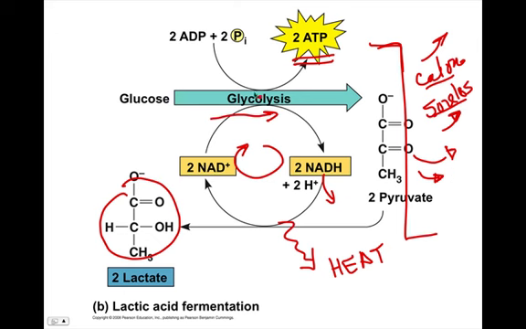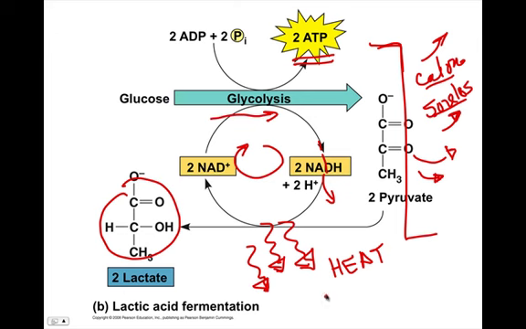Oxidative phosphorylation creates a very efficient cellular engine, and we can capture that energy without losing much heat. When you start exercising, you start sweating, you're producing a lot of heat. One of the reasons is that oxygen in your muscles becomes low and you start doing fermentation, and you lose more and more calories as heat.